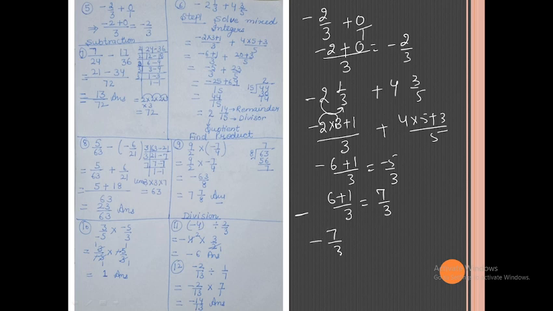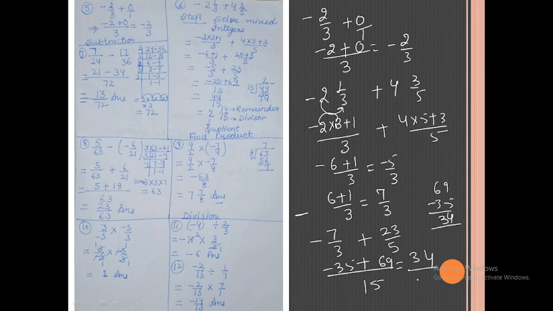And now minus 7 by 3 plus 23 by 5. After taking LCM, 5 7 is the 35, plus 23 multiplied by 3, 69. 69 minus 35, we get 34 divided by 15.